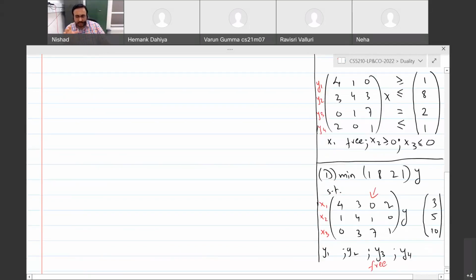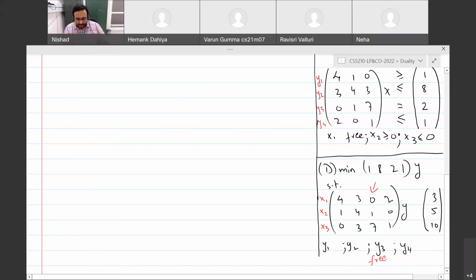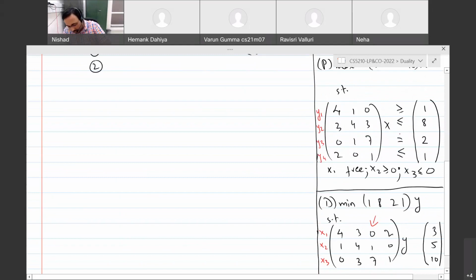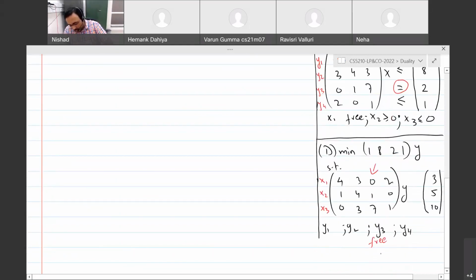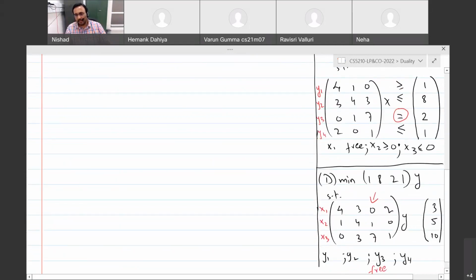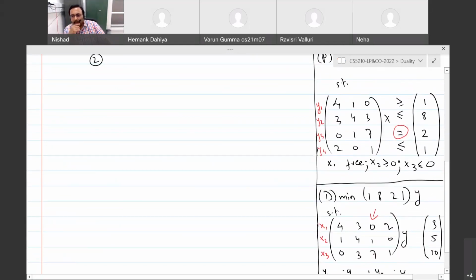There is going to be an equality constraint. But you want to think of primal and dual interchangeably. Remember, when you had an equality constraint in the primal, the corresponding variable in the dual became a free variable. Now if you think about primal and dual interchangeably, what should it suggest? There are three variables in the primal, x1, x2, and x3. x1 is a free variable, x2 is a non-negative variable, and x3 is a non-positive variable. So which one of these three should become an equality constraint? Oh, x1 should now become an equality. Exactly.